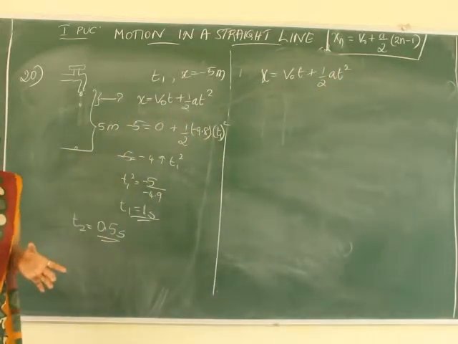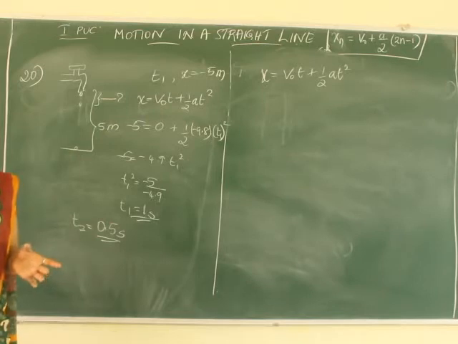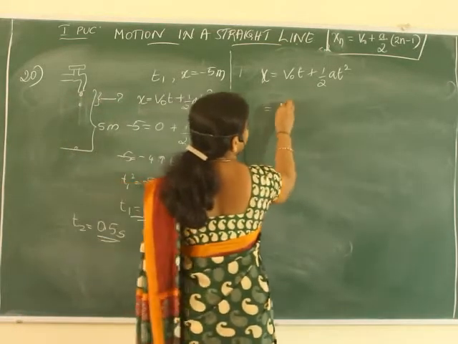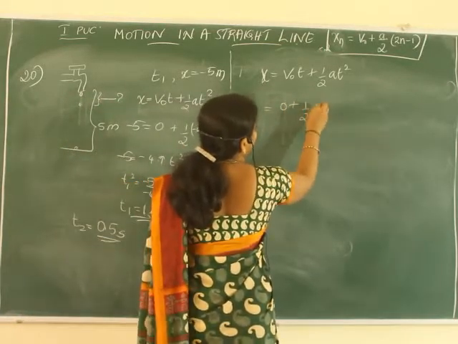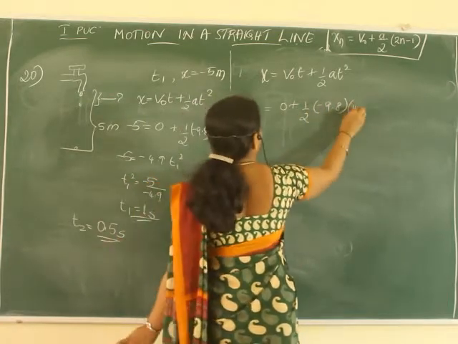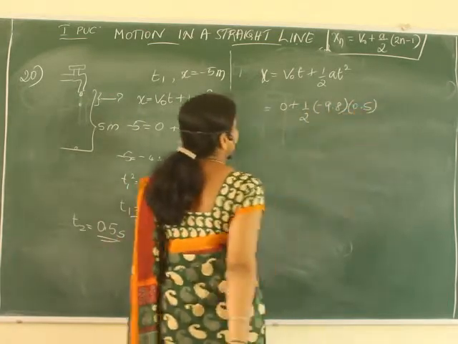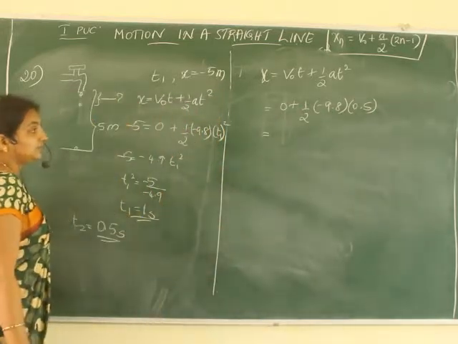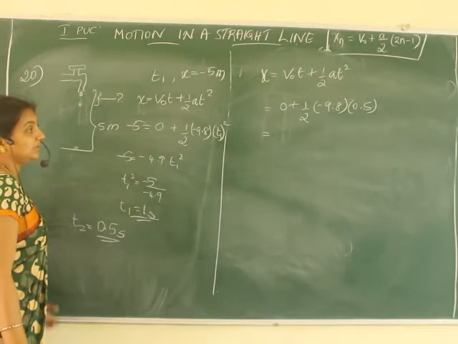That height we have to calculate, correct? So what is the formula we can use? X we have to calculate. Initial velocity is 0. Half acceleration, time 0.5, correct?